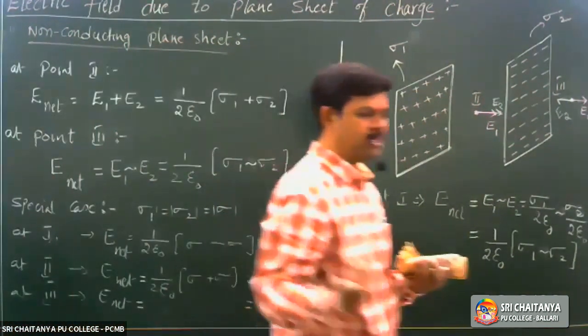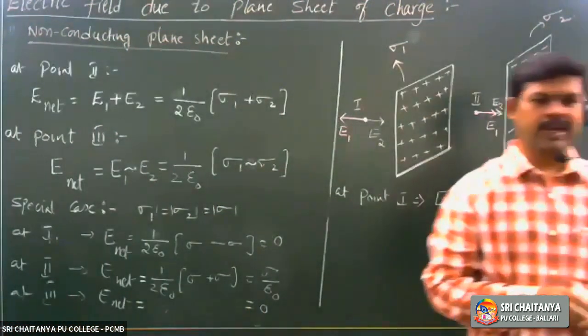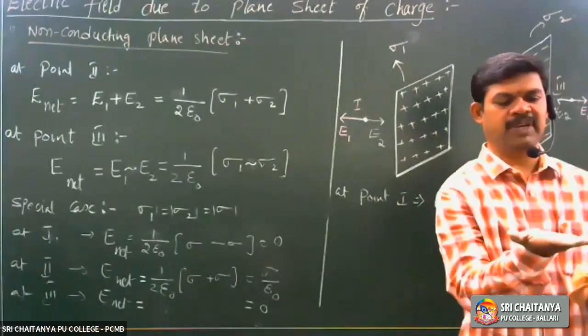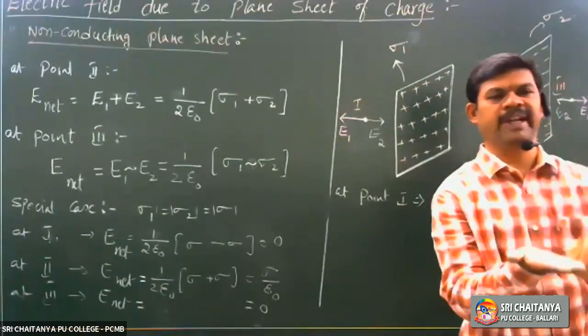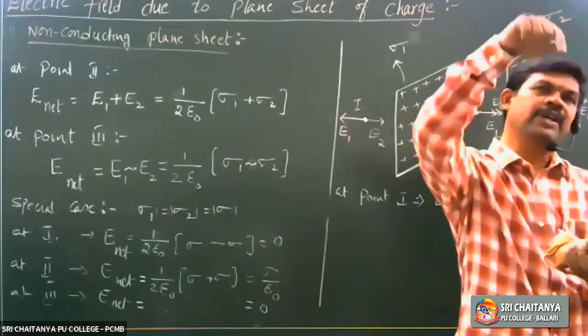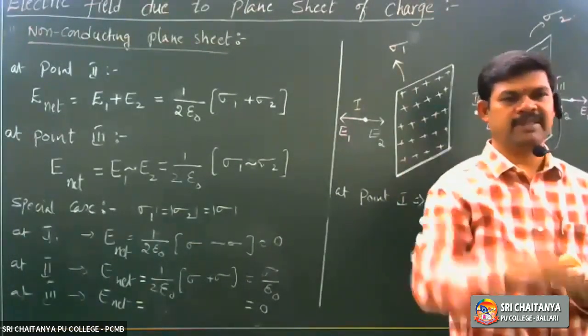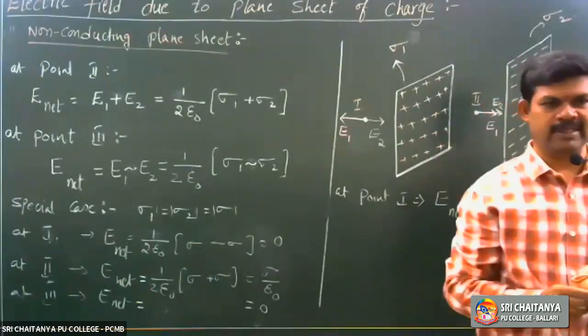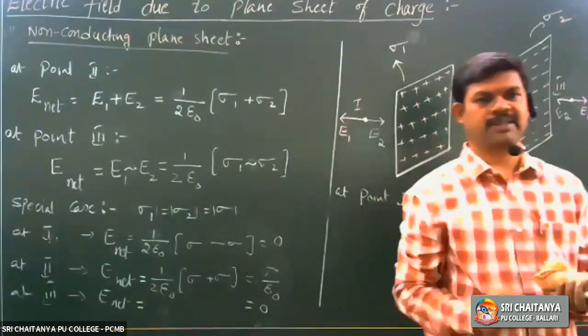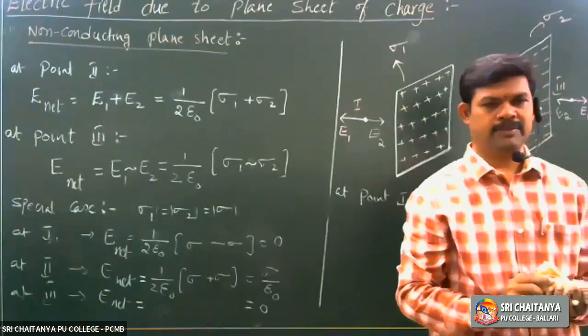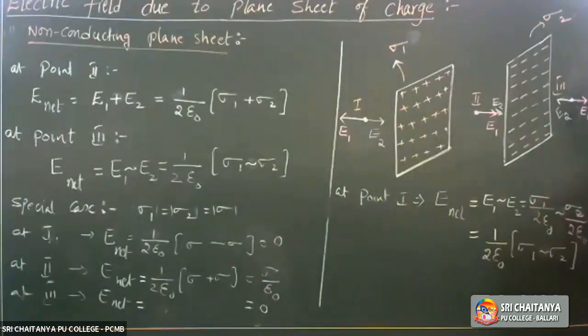Number of times problems are repeated on this. They ask, the plates are kept in the XY plane, plates 1, 2, 3. At a particular point, what is the direction of the field? Is it towards the positive y-axis or negative y-axis? At particular points they ask. Come on, note down.